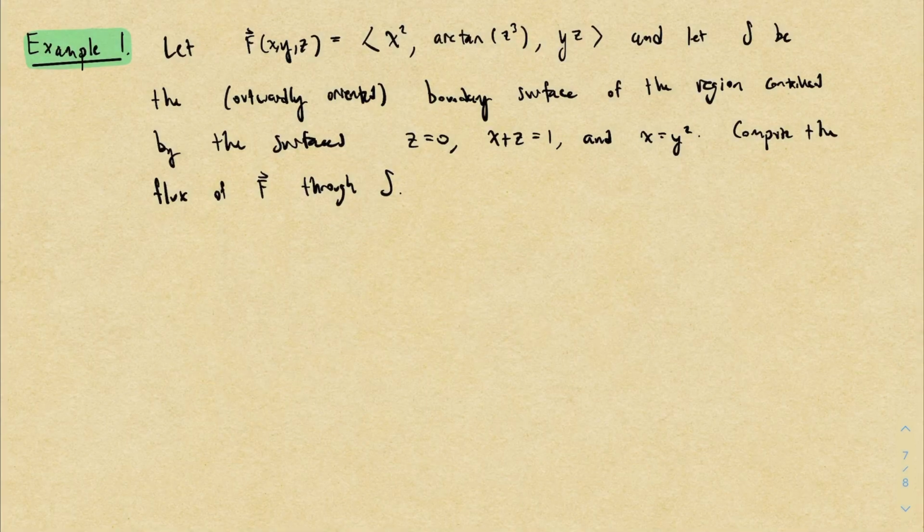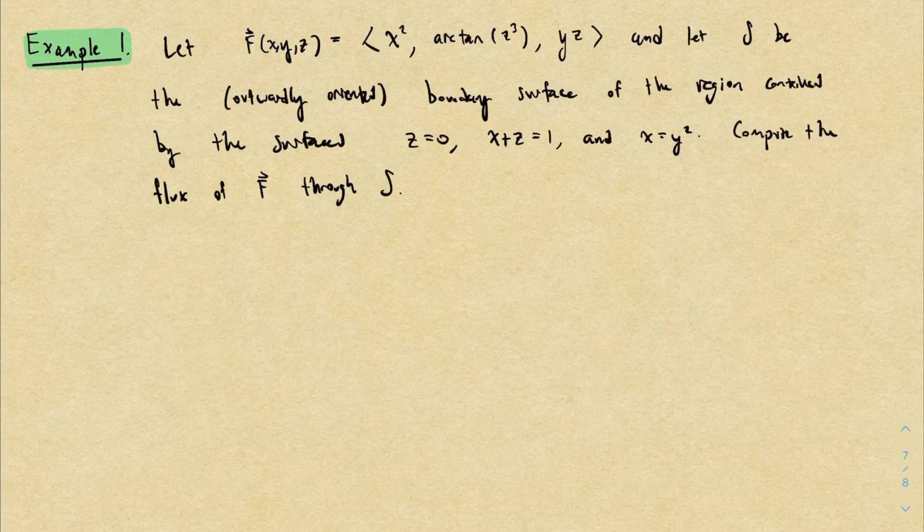As usual in these videos, the first example I'm going to do is going to be a relatively straightforward application of the divergence theorem, and then in the second example, we'll do something a little more fun. But for this first one, here's what we're given. We're given a vector field, x squared, arctangent of z cubed, and yz.